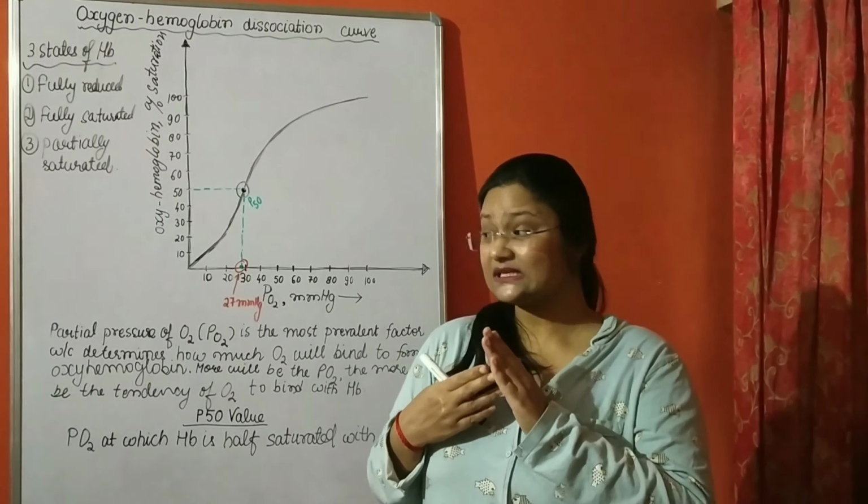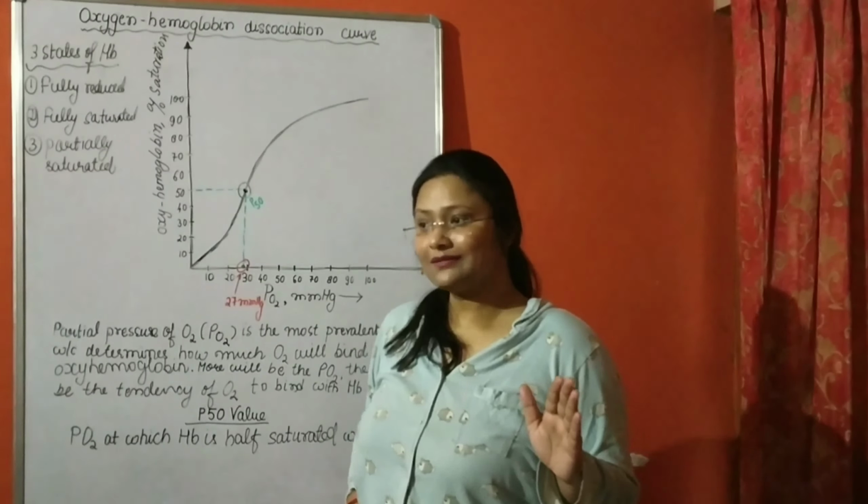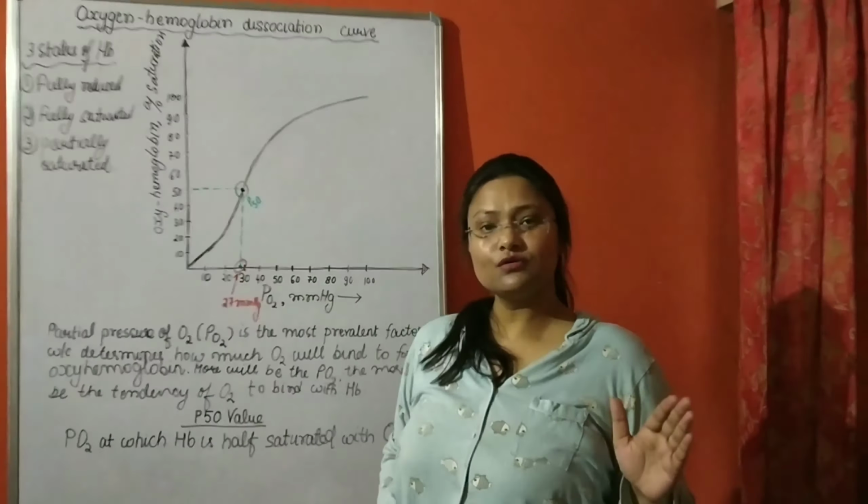So there are three states of hemoglobin in the body. First state is fully reduced. Reduction means loss of oxygen, right? So fully reduced means there is not even a single molecule of oxygen bound to hemoglobin, so oxygen is not bound to any of the heme groups.